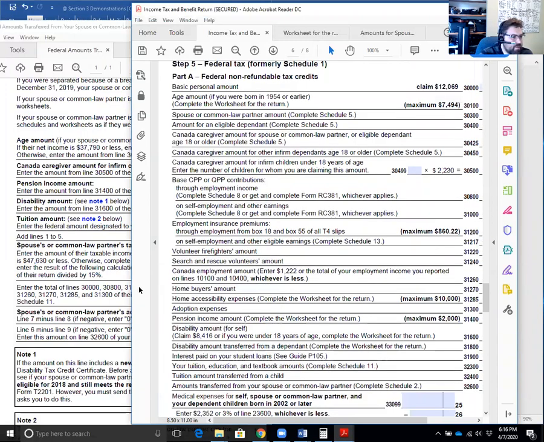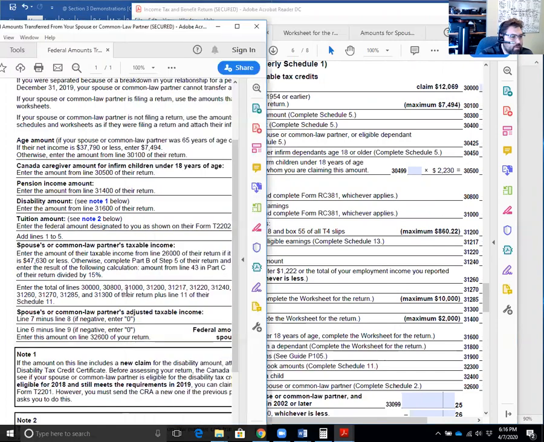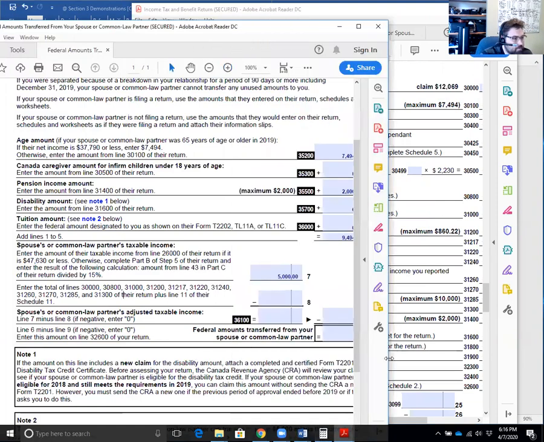So these are just all these tax credits, 3,000, 3,800, 3,100, all these amounts here. So I'm just going to put in 12,069. That's the basic personal amount.